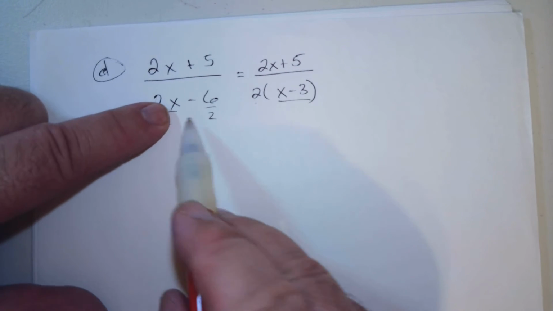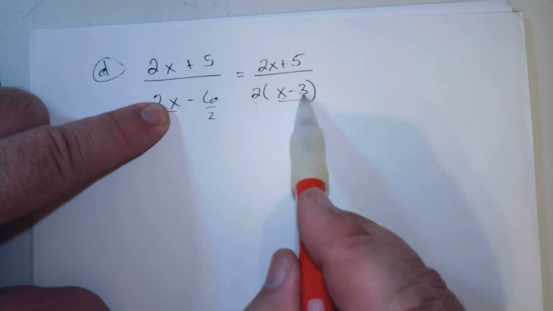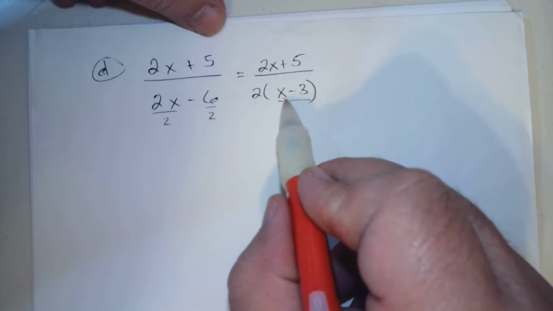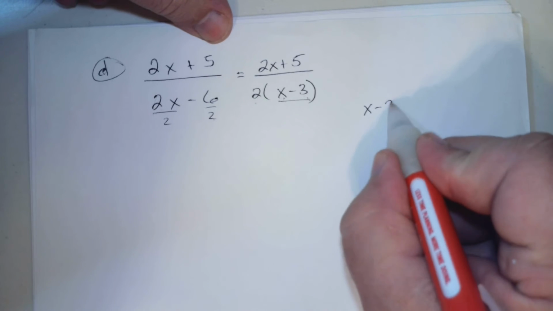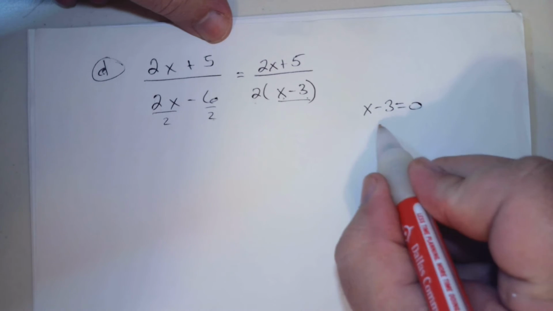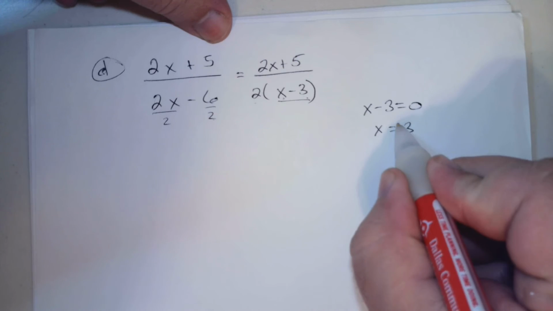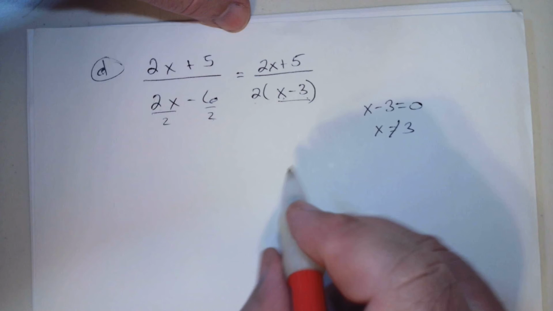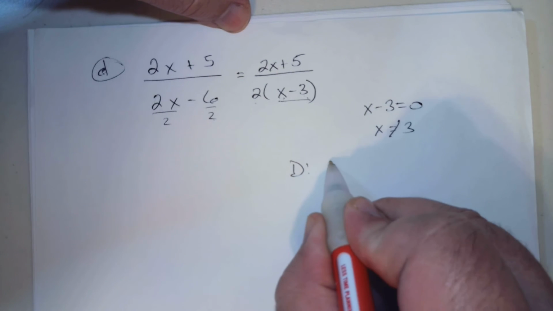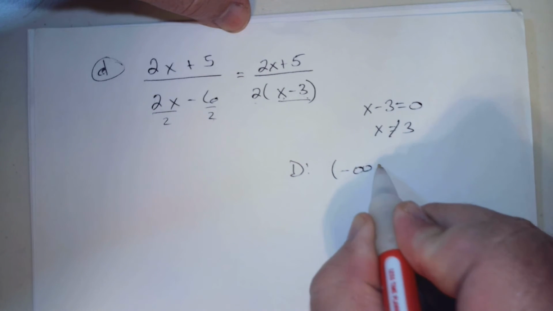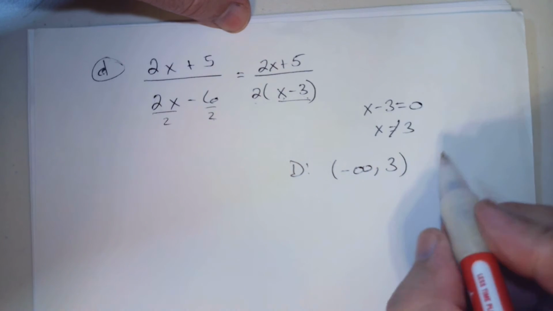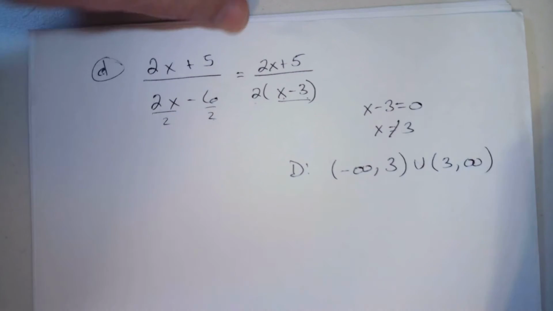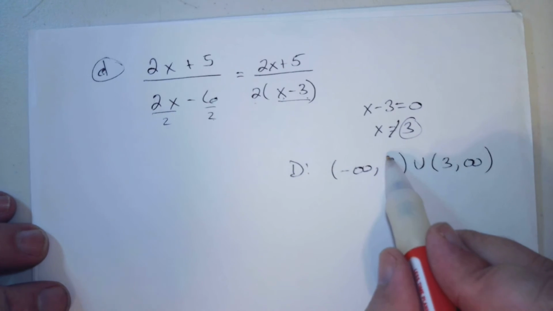So these two cancel, we have x. 6 divided by 2 is 3. The 2 can't do anything, so the only thing I set equal to 0 is x minus 3. So the only x I cannot use is 3. So my domain is from negative infinity to 3, and then from 3 to positive infinity, because that's the only number I can't use.